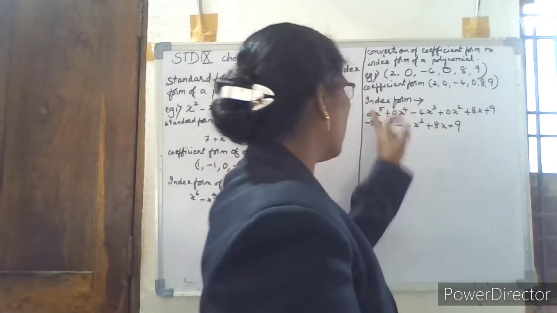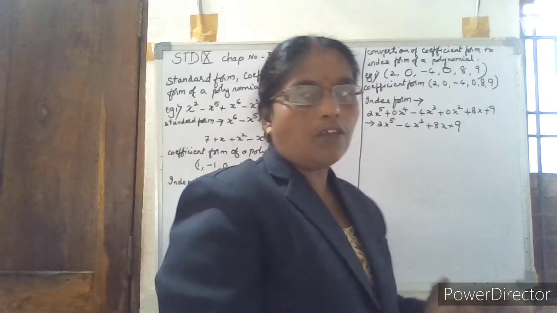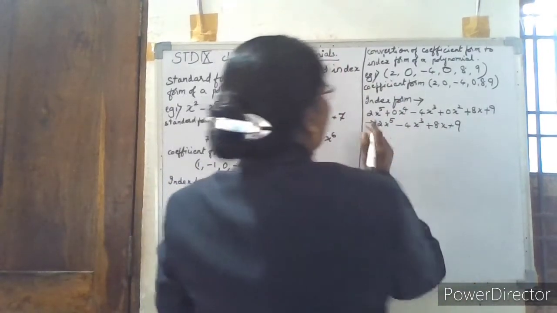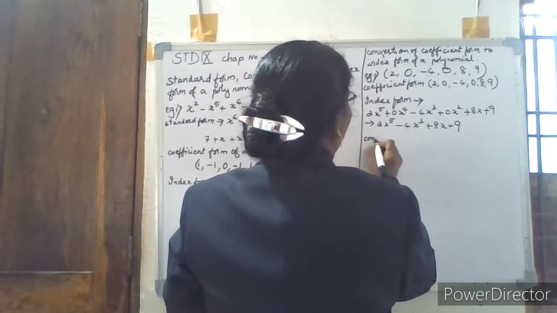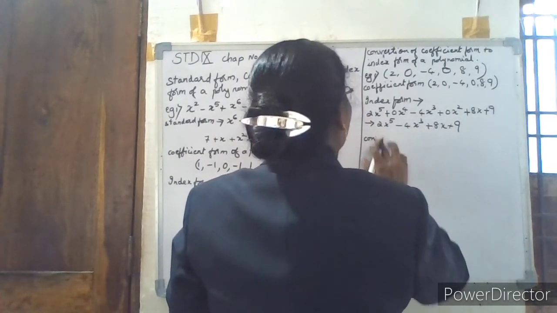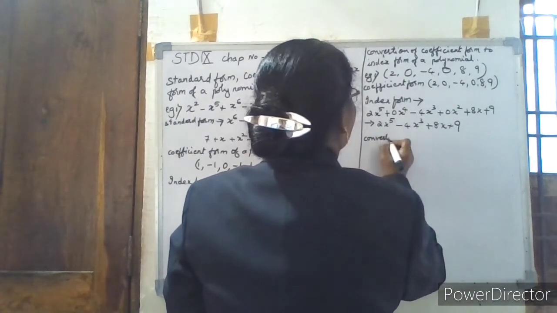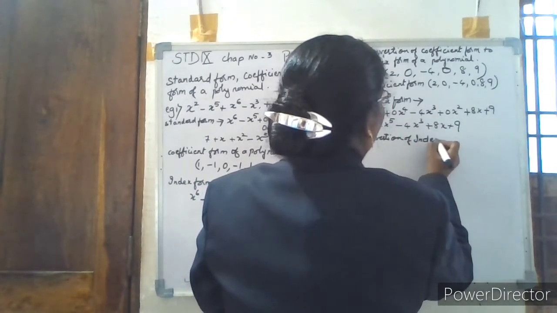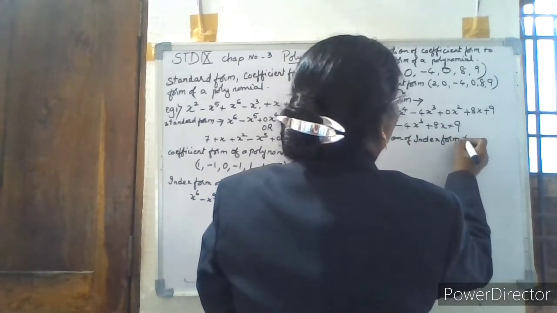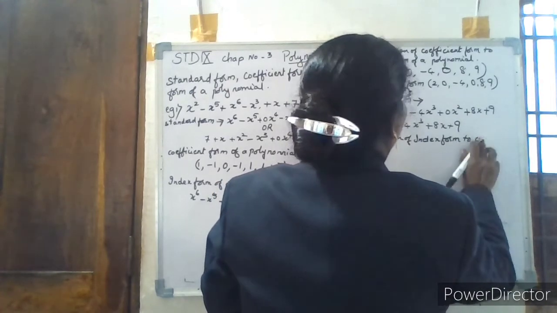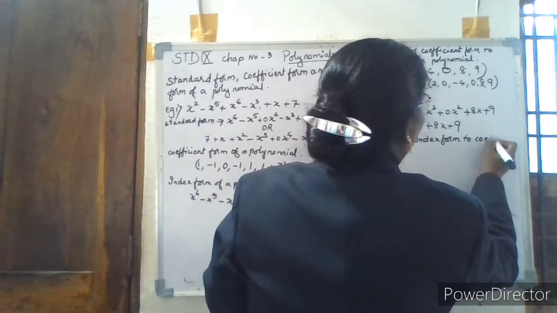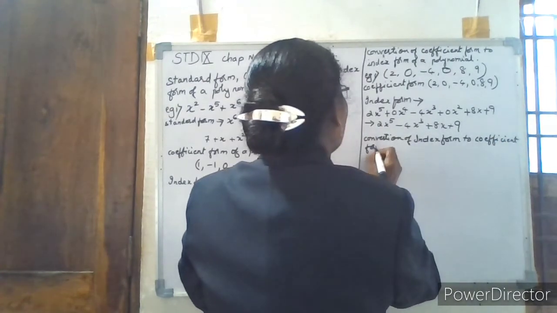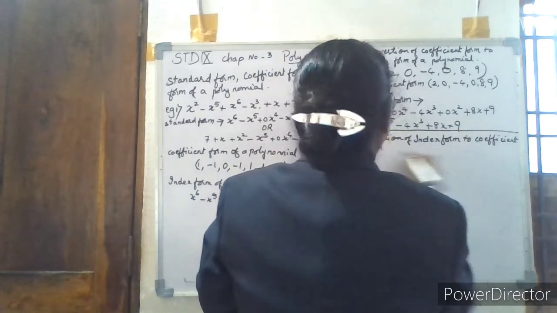Now, if the index form is given, how can we convert it into coefficient form? This is the conversion of index form to coefficient form of a polynomial.